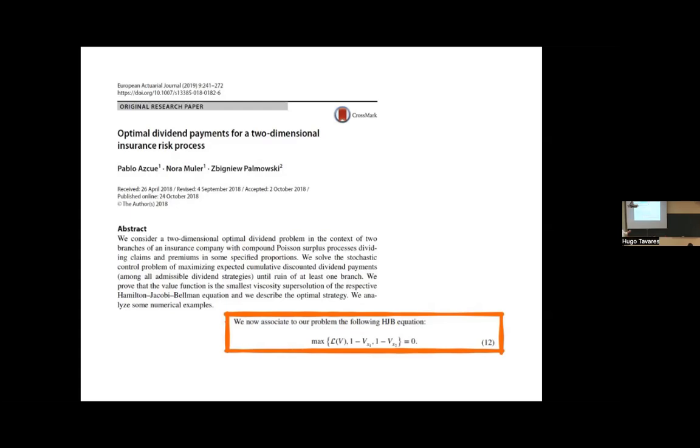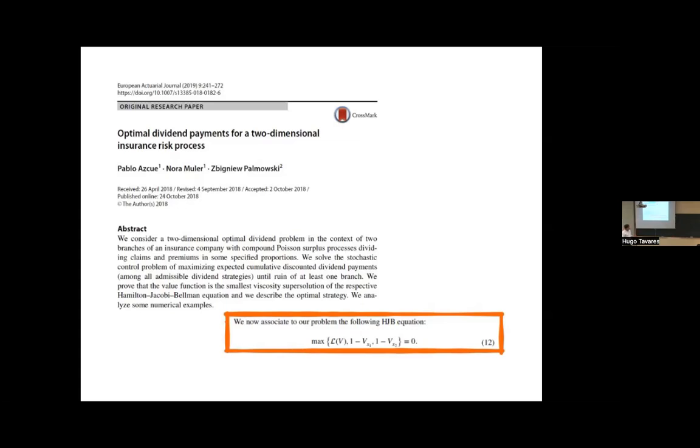So V is the unknown function, and then you have a differential operator applied to V. Think that L could be the Laplacian, for instance. And then you have 1 minus the first derivative of V in the direction x1, and then something similar in the direction x2. And that combination, which is very nonlinear, you take the maximum of those three numbers has to be equal to 0.